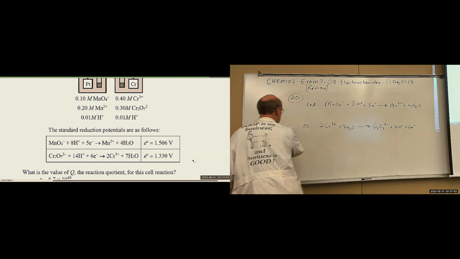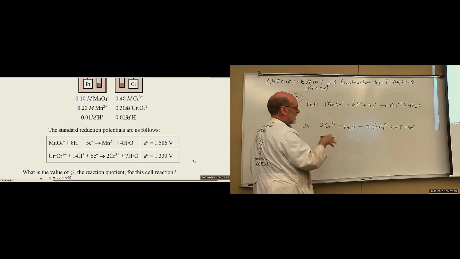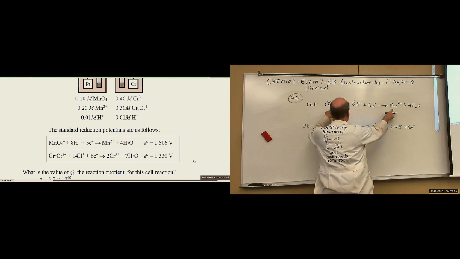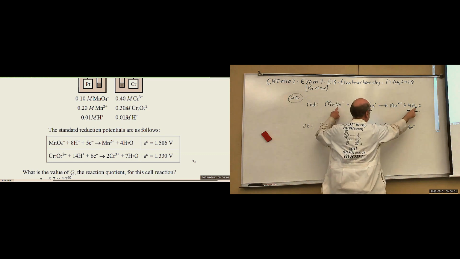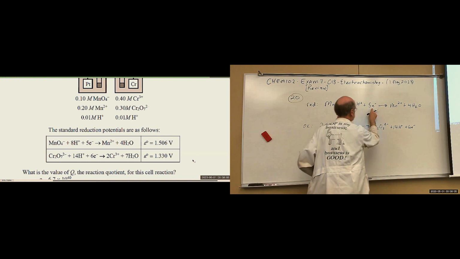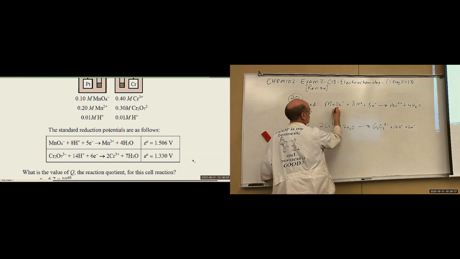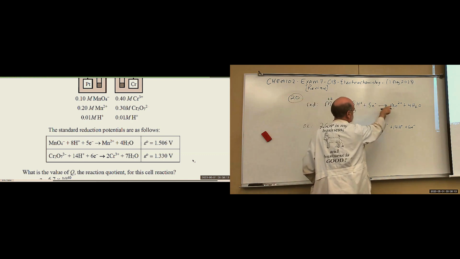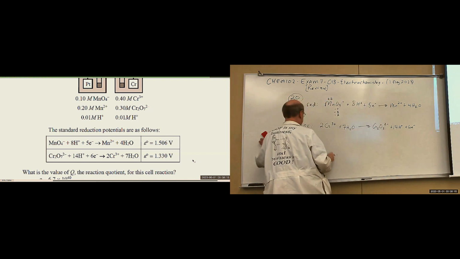Okay. Now what we need to do is reconcile some things. First of all, let's see. 1 manganese, 4 oxygens, 8 hydrogens. Is that right? 5 electrons? Should be. -2, -8, -7, so plus 7, yeah, that's right.